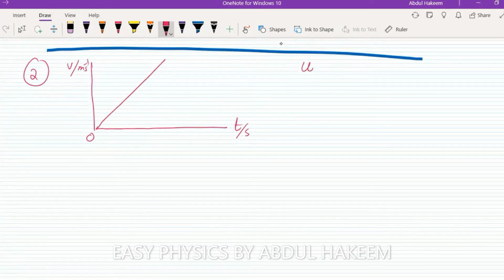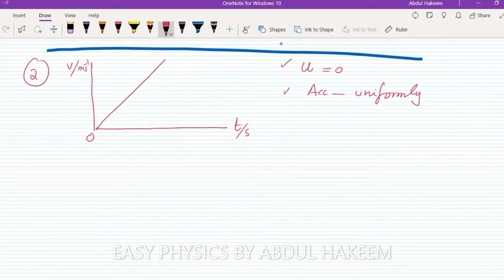Number 1, it starts from rest, initial speed 0. Number 2, it accelerates uniformly. So it starts from rest and accelerates uniformly. Definitely, it is covering distance.